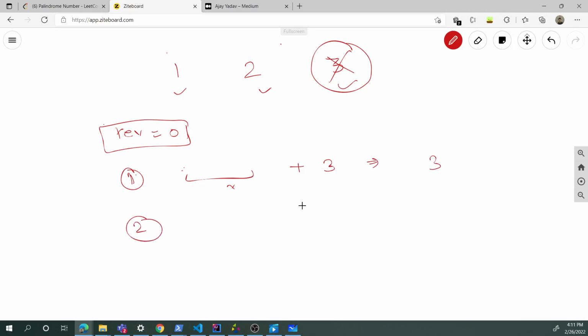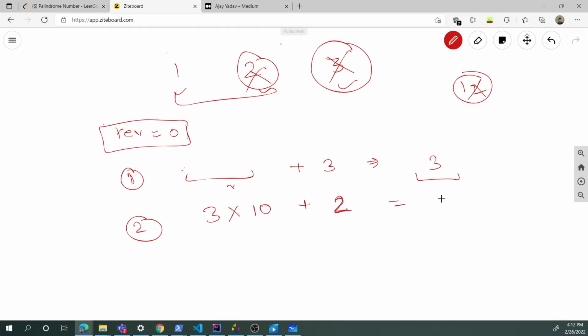In the second step, we take another digit from this. The number left here was 12. Now we take the next digit, 2, and add it, but if we simply add, it becomes 5, which is not right. So what we do with the previous reverse is always multiply it by 10 and add the current digit.